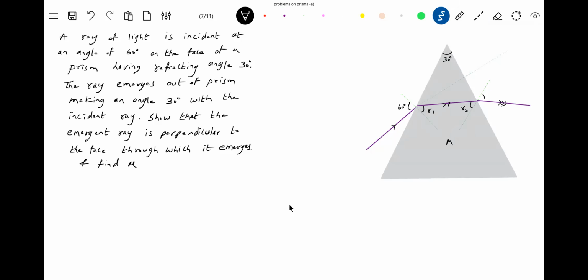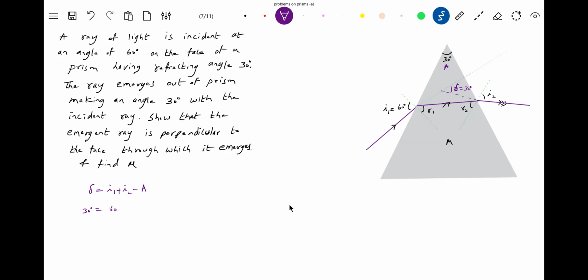I1, I2. So what is the deviation? The deviation equals I1 plus I2 minus A. This is A. The ray emerges out of the prism making 30 degrees with the incident ray, so the deviation is 30 degrees.